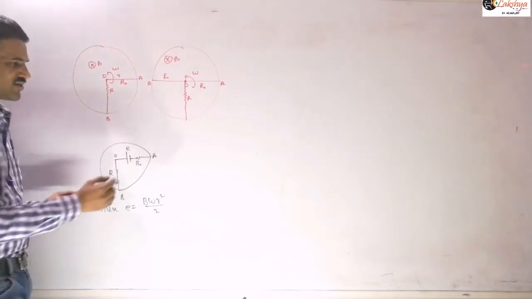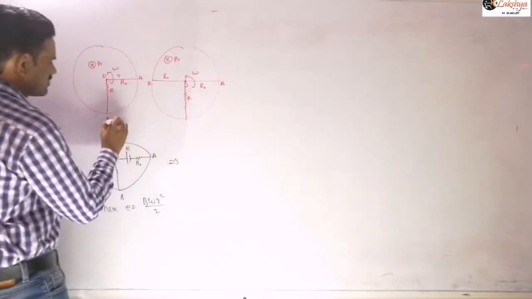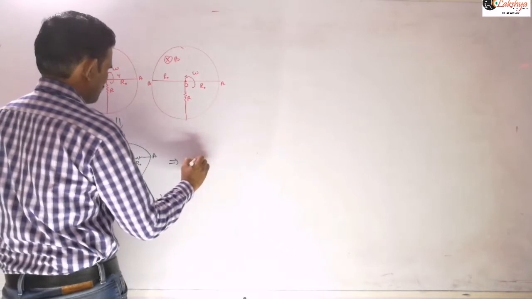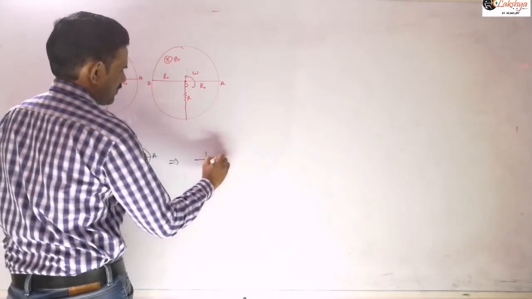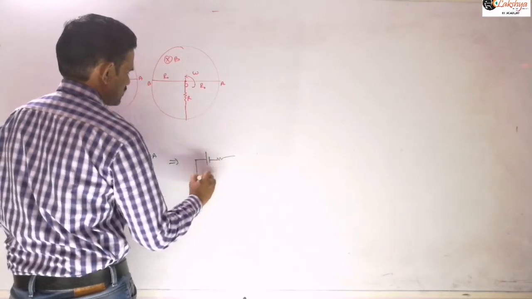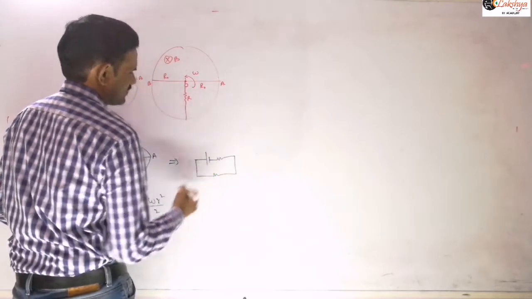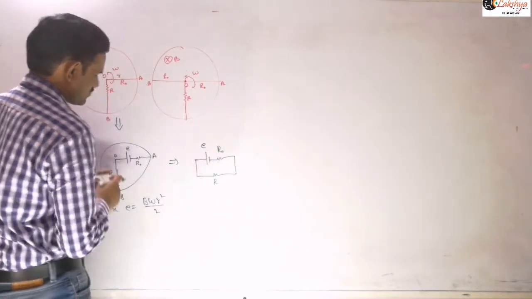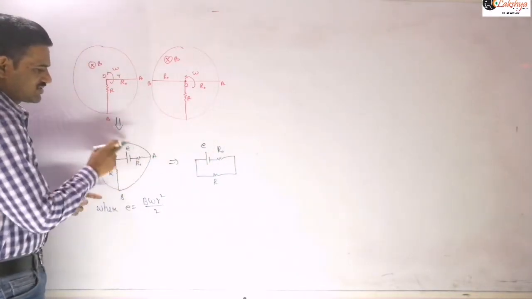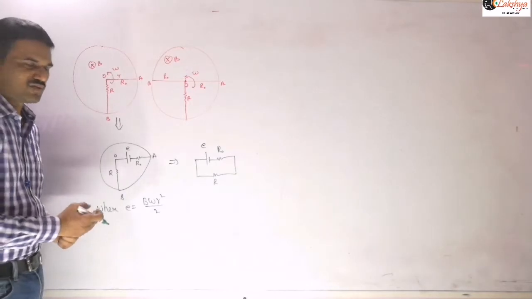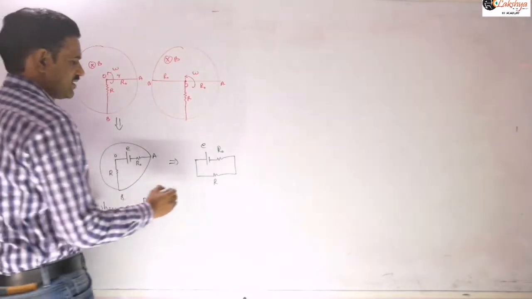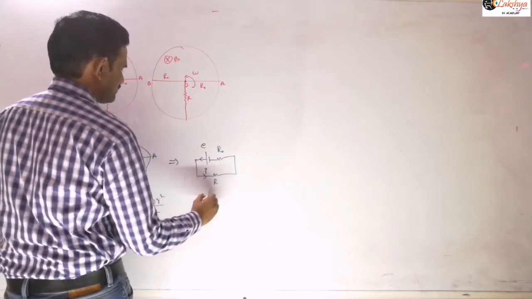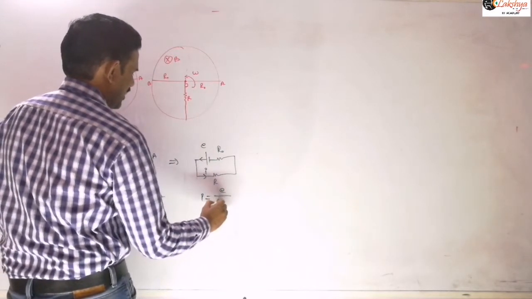Now this is a simple circuit, so we can convert it into a circuit like this, with EMF E, resistance R0 and the resistance R. You can connect these two ends, that means instead of these two wires you can take any one of the wires. Therefore the current passing through it we can write as I is equal to E by R plus R0.